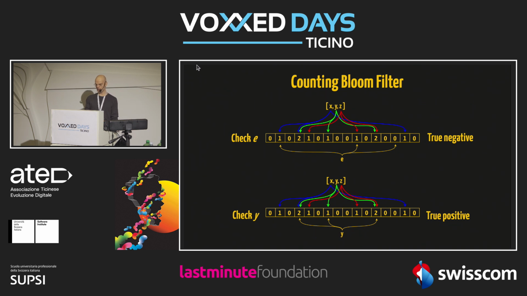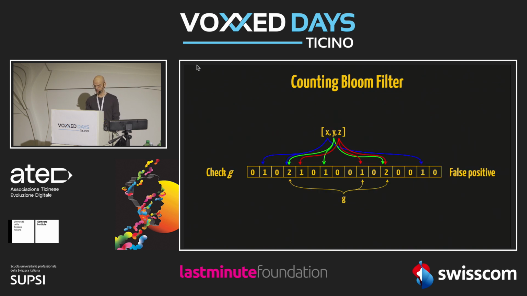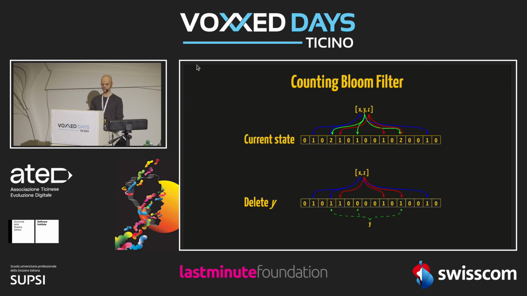And if we check Y, it's a true positive, because all the elements it maps to, 2, 1, and 2, are greater than 0, so this means that it belongs to the set. And then we have again the false positive case. G maps to 2, 1, and 2, but they were set by X, Y, and Z, not by G. So even though the Bloom filter thinks that G belongs to the filter, actually it's a false positive, because we didn't insert it before. But then there's the extra case.